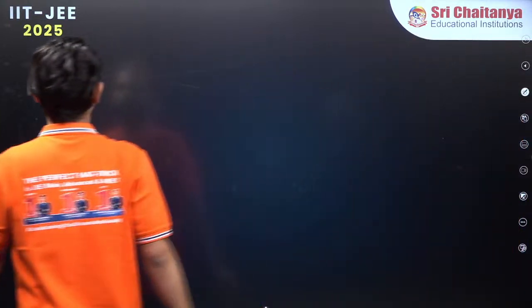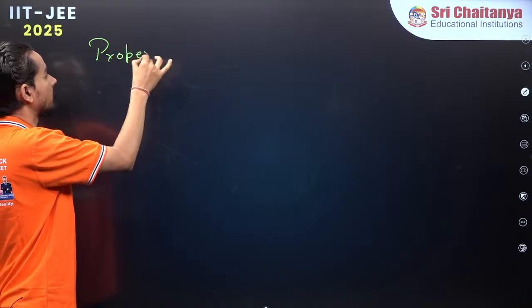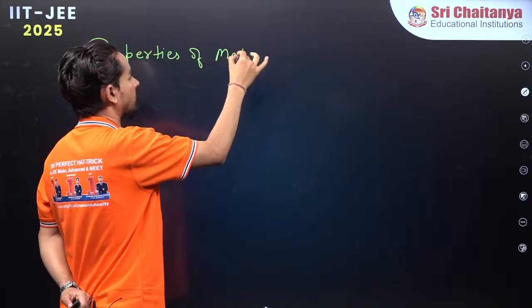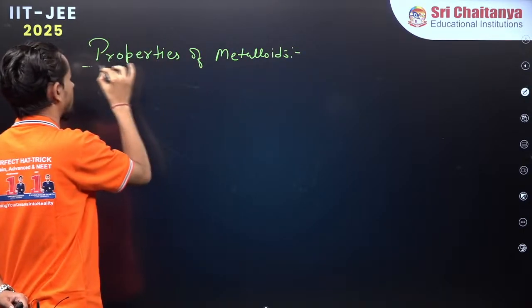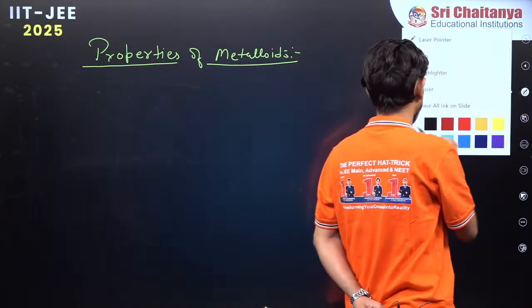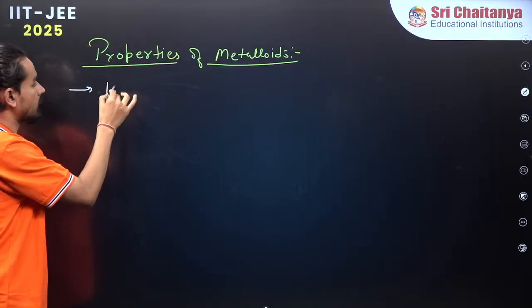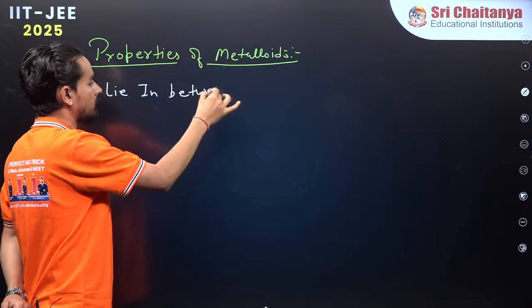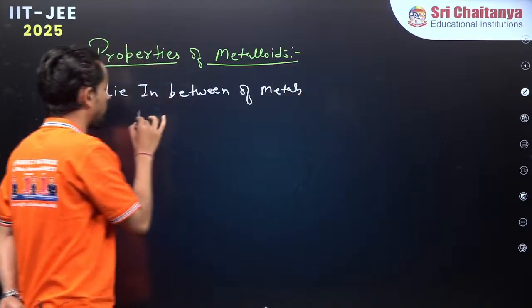Now let us write the next thing, that is properties of metalloids. Their properties lie in between metals and non-metals.